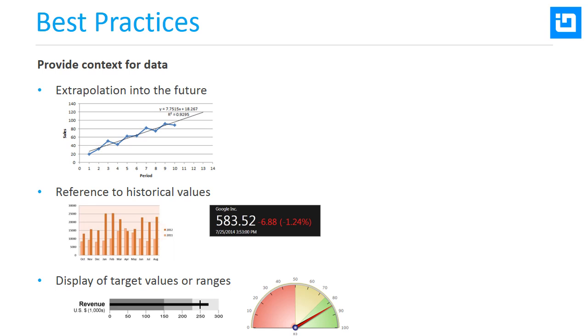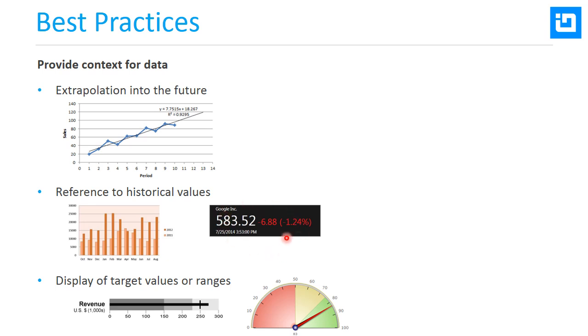I don't know, but I know that in 2011 it was only that little column here. So it seems this is a pretty good value because it's higher than the one of the previous year. In the same respect, I could also say that the previous months of the same year are reference points, because I see that August is higher than July. It just provides a reference. It puts my data into perspective.